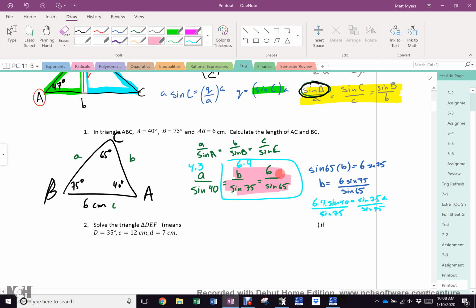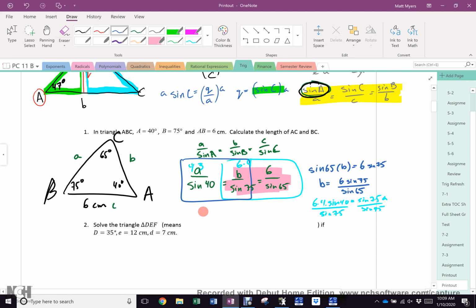So it was 6 times sine 75, multiply the pair, divide the spare. Right? Then over here, 6.4 times sine 40 divided by the leftover one, which is sine 75, because we're working on this side. Now, could I have taken this and moved it over here and used sine 65? Yes, I could have done that. Okay?